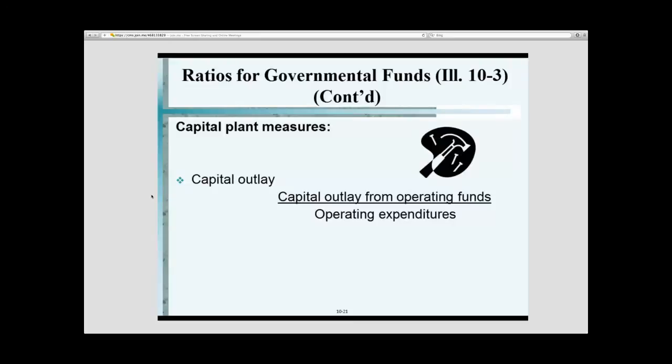I would argue against it. You should have a certain amount of your budget for capital items. Why? Because if you had it, you would keep the things in shape. If you didn't, you would replace equipment. You would do things like that. So this does not necessarily mean that by spending too much money on capital, it's a bad thing. You should spend a certain amount on capital items.